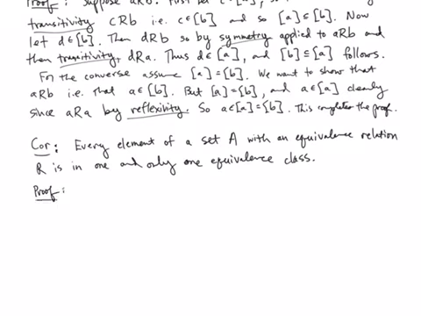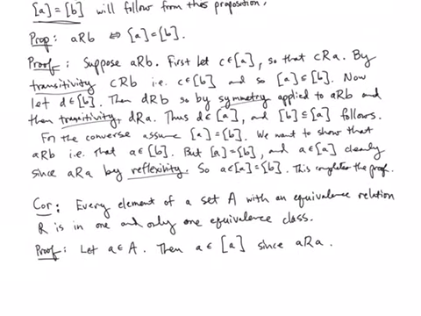And the proof is simple. So let a be in A. Then a is in the equivalence class of a, since a is related to a. Right? I mean, we already sort of said that in the previous proof.